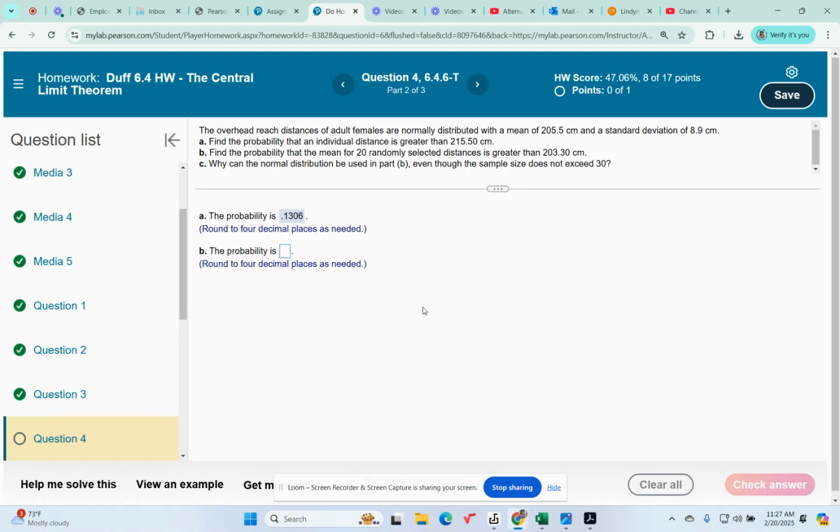So we now have a value of n equal to 20. And we're looking for the probability that the mean, the x bar, is greater than 203.30. So the way that we calculate this, I'll write it down.